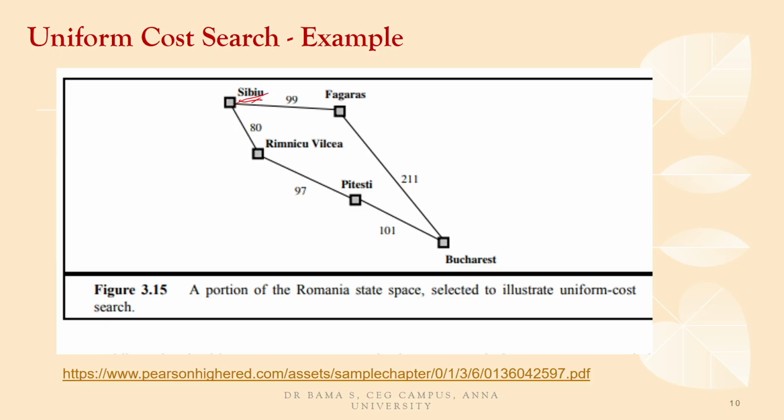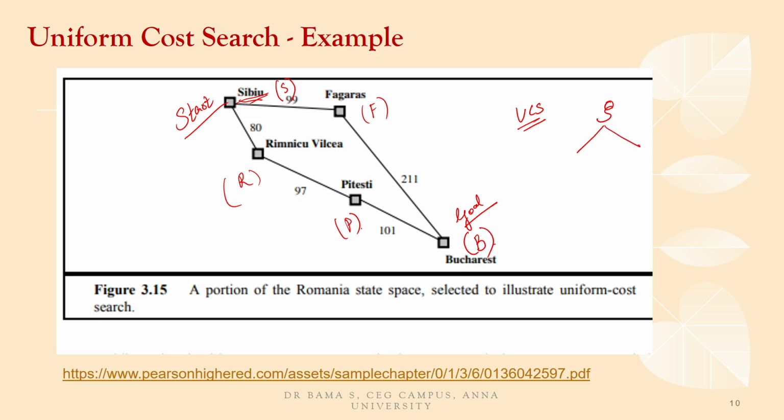I am just going to call the starting city S, the place here as capital B, and there are other places like R, F and capital P. Suppose we take uniform cost search and start at S, and the goal is B. At S, there are two paths, one going to R, another going to F, and from R we are going to have P.